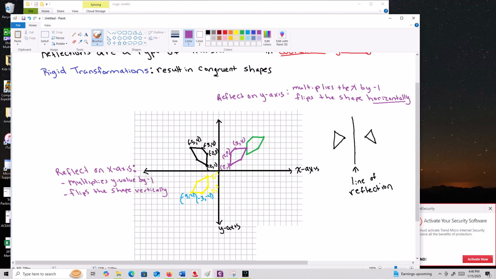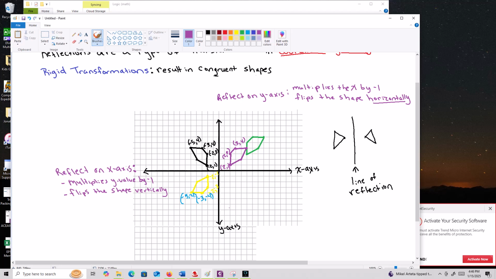All right, the last thing we need to talk about is there's the possibility that you are going to be asked to determine if a shape is congruent. Remember, congruent means same shape, exact same size, same area.